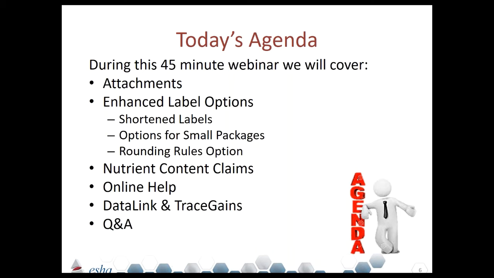We'll also cover the new feature which allows users to create nutrient content claims based off the new and old daily value targets. Another new feature is the ability to access online help straight from the tool. And lastly, we're honored to have Greg Nowacki, CEO from TraceGains, join us today to speak to the new solution ESHA and TraceGains have created to help streamline the supplier documentation process. And as always, we'll have a bit of time for questions at the end.